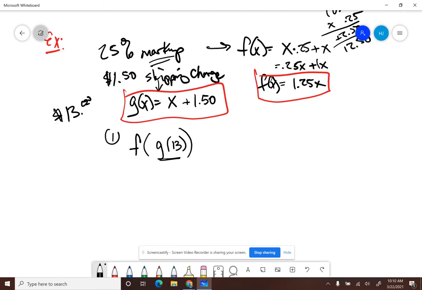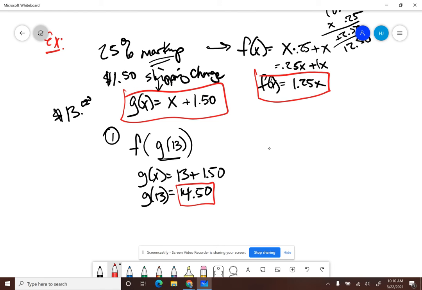So this is example one where I'm applying the shipping charge first. So if I put 13 in for the g of x function, I'm going to have 13 plus 1.50, which is 14.50. So there is g of 13. Now I want to take that 14.50 and I'm going to put it into the f of x function. So f of x equals 1.25x.